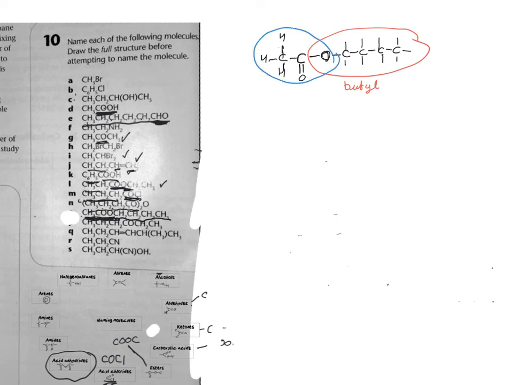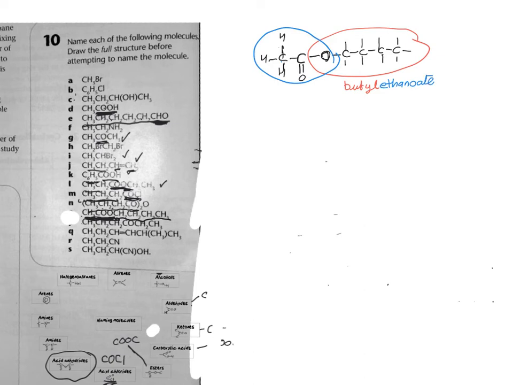And then following the O, there's a CH2, CH2, CH2, CH3. And now, remember it's made up of 2 parts. The part that comes from the alcohol, here the alkyl group, has got 4 carbons, so that's butyl. The part that comes from the carboxylic acid here has got 2 carbons, and therefore that's come from ethanoic acid, so that's butyl ethanoate.